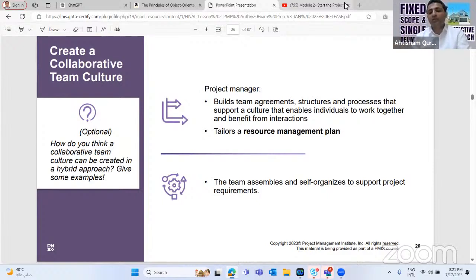Now, the resources could be available within the organization or they may have to look outside the organization. But no matter whether you bring in the resources from outside or from inside, the team dynamics remain the same.